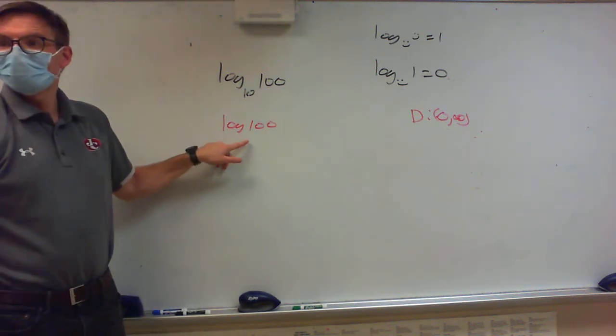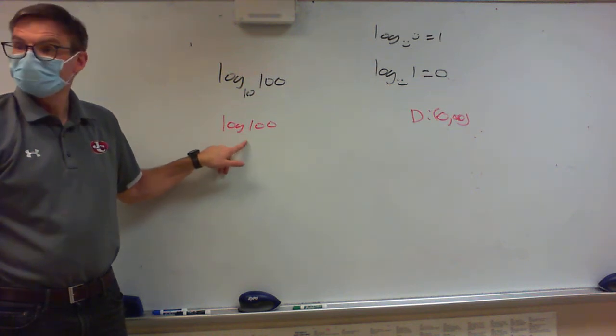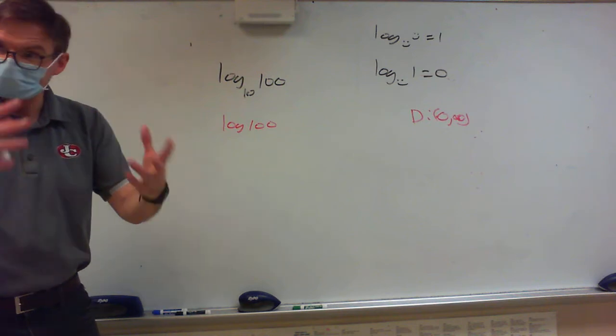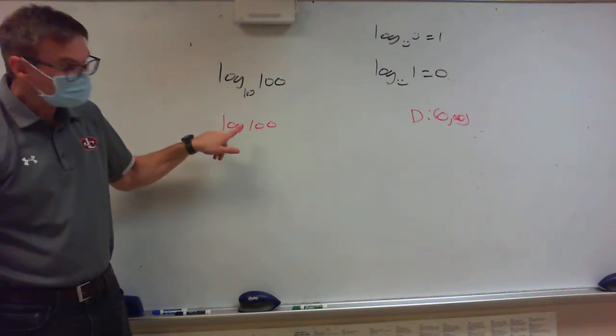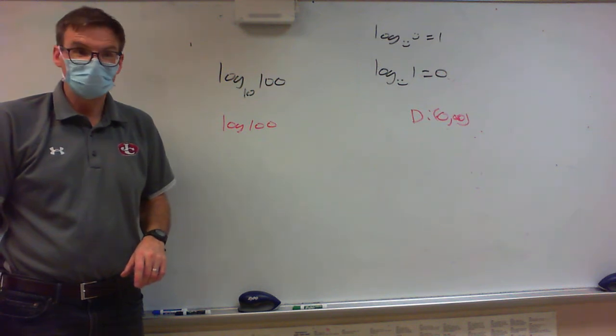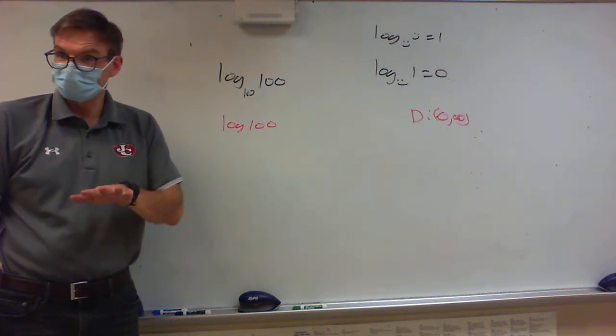Anytime you just see log with no base, it's an assumed 10. Every logarithm has a base. If you don't see it, it's an assumed 10. Okay? Everybody okay with that?